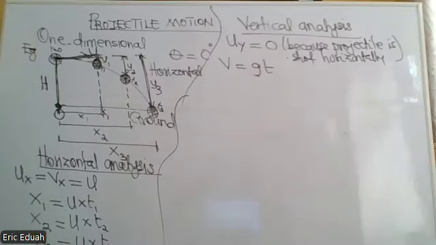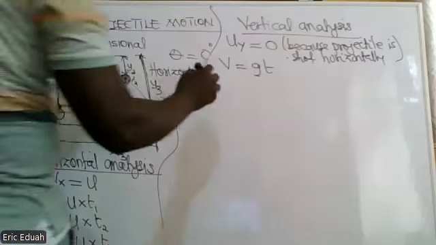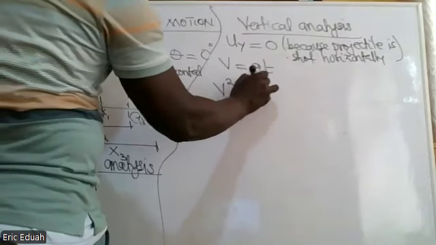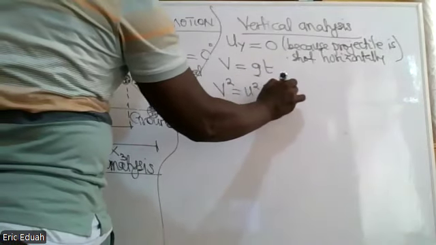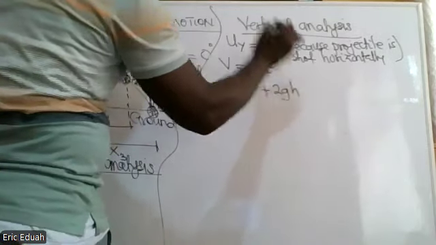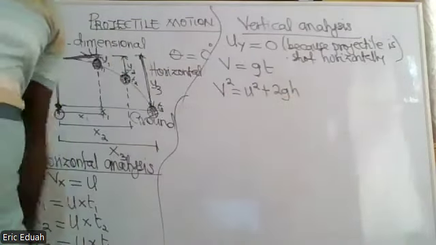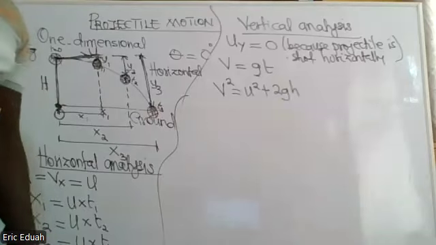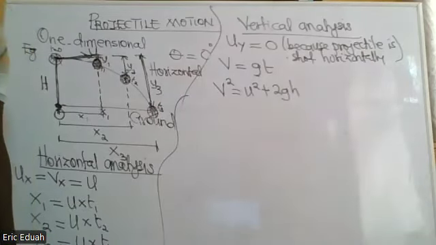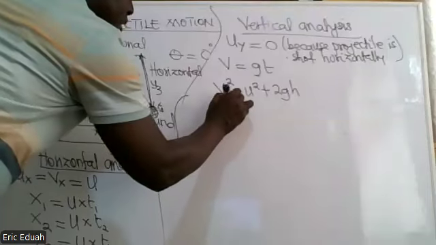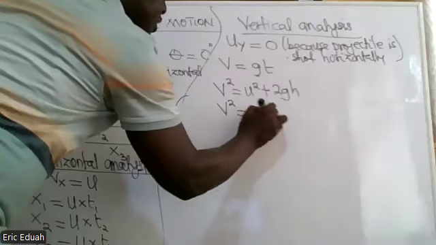Then another way of determining the vertical velocity is using v squared is equal to u squared plus 2gh, using h instead of s because we are talking about vertical height traveled. Because u is 0, v squared will be equal to 2gh.